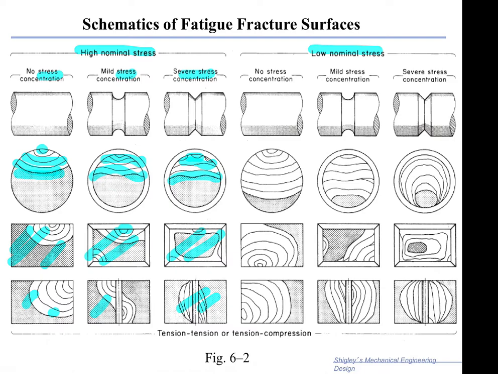For the case when you have low nominal stress, the failures are very interesting because it takes a very, very long time of successive layers of propagation before you get any failure.